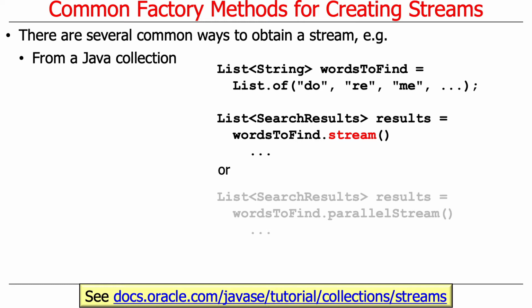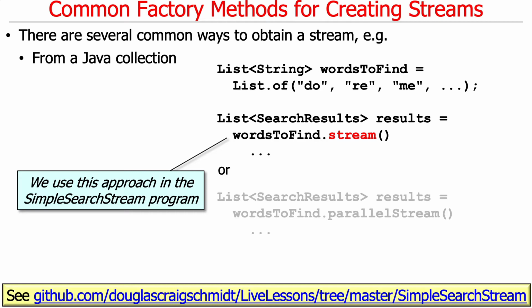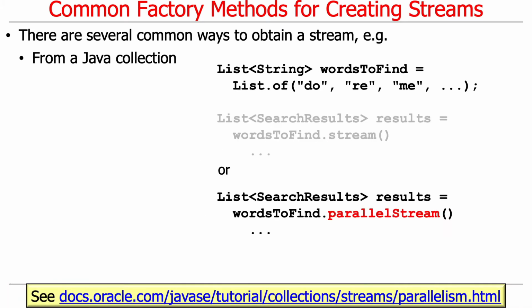This does not return a list, but that would be what would happen as we went through the different transformations and ended up collecting the results into a list of search results. So words defined just creates a stream, and that creates a sequential stream. And that's what we'll be doing for the first assignment, assignment 1A. And that's the approach that we use here on our simple search stream program in our case study.